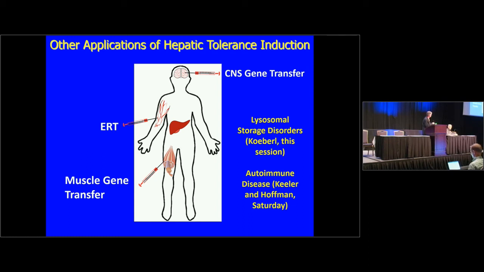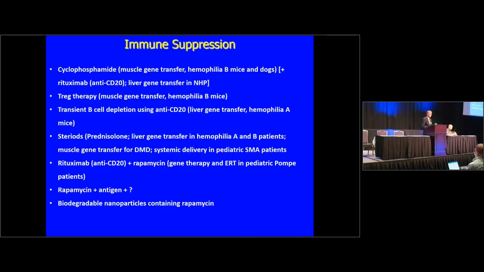He will go into more detail of how hepatic gene transfer can be utilized to suppress responses in therapy for lysosomal storage disorders, so you can do secondary gene transfer or enzyme replacement therapy in those patients. And Brad Hoffman's lab has shown, and they have another talk about this coming up on Saturday in the immunology session, that this same approach can be useful to treat autoimmune diseases as well.